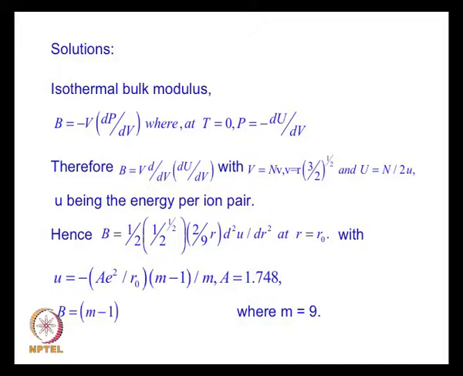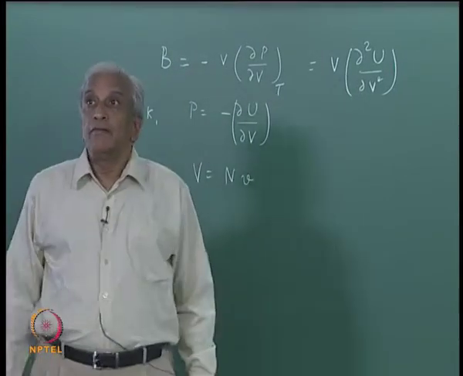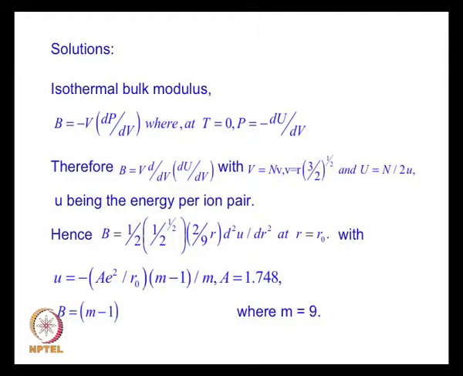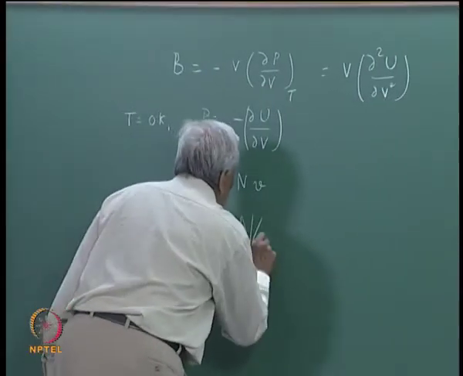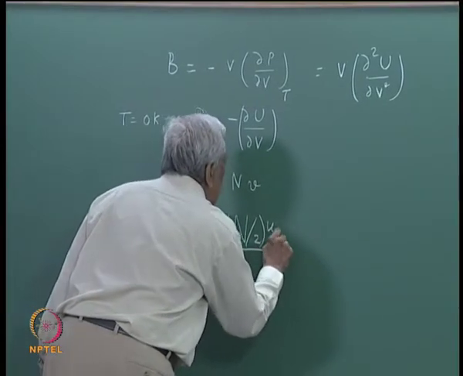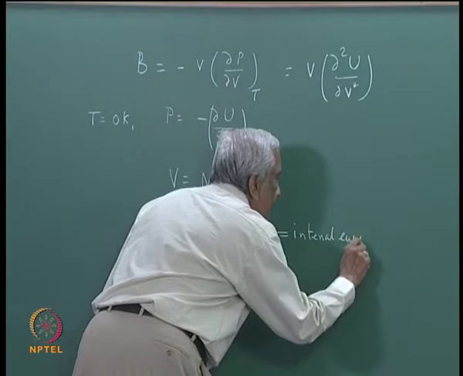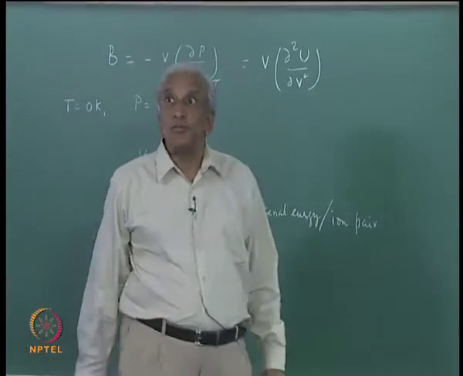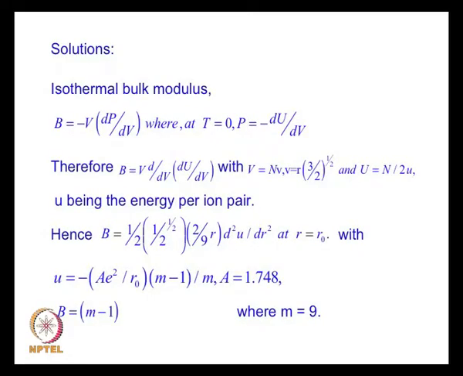And here this V is n times V, where n is the number of atoms, and we also have the equilibrium internal energy U is n by 2 times U, because U is the internal energy per ion pair for sodium plus and Cl minus. So, this is what we have.